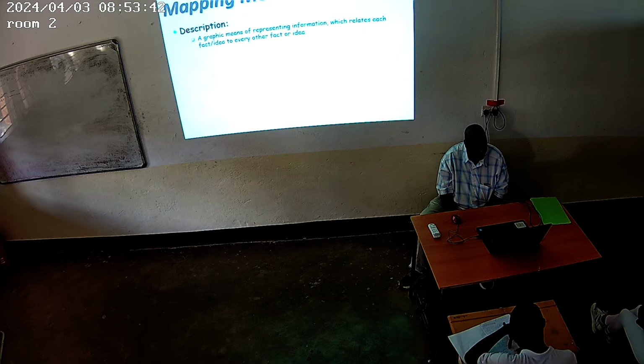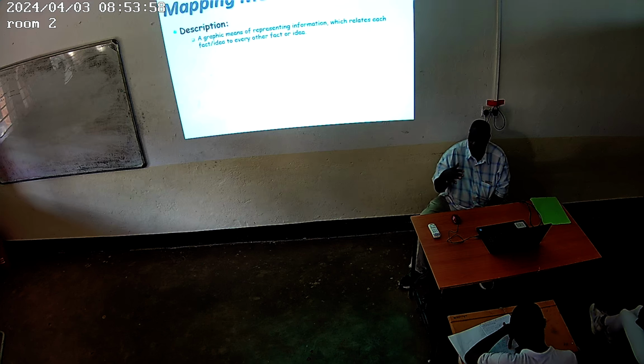A graphic means of representing information which relates facts and ideas to every other fact or idea. So, unlike the outline method, in this method you can have a sequence now.